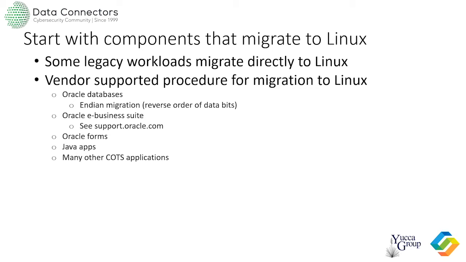Also things like Oracle E-Business Suite, Oracle Forms, Java applications, of course, which are written to be portable across platforms under any circumstances. And then there are a ton of other commercial off-the-shelf applications that also have vendor-supported paths to Linux. And any of those we can migrate to Linux, even if they're just a component of one overall app. Then that's one less security hole that we have to address later.